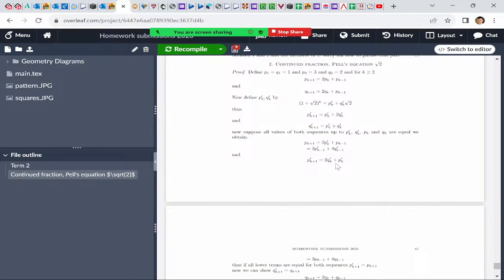True. And then you get... And then you just repeat the same thing. So you get 2QK minus 1 plus 2PK minus 1 plus PK minus 1 plus 2QK minus 1. Wait, PK is... Oh, it has the 2QK.